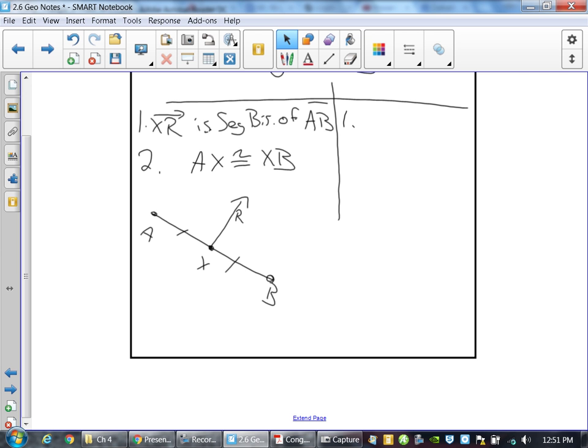So this one was given. That's the definition of a segment bisector. You're using a definition to show how something works, over and over and over again. It doesn't change.